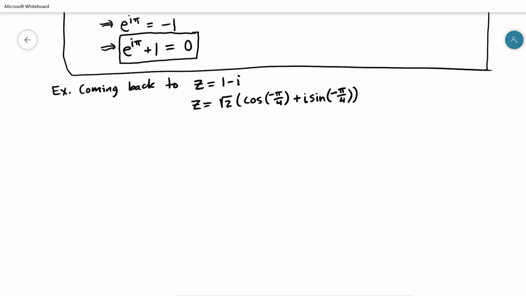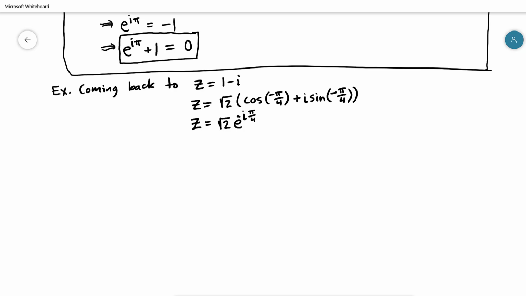Now the way I'll prefer to write this is z equals the square root of 2, there's the value of r, times e to the i theta, which is pi over 4, and I'll put the negative sign out in front of the i. So there's the polar form in both the version with sines and cosines and the exponential form. This is the form that I prefer to use. Makes life a lot easier.